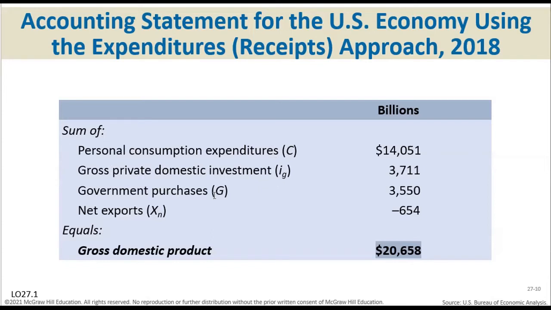You have government spending, G, and the net export, which is X sub N. And if you add it together, you will have GDP. Notice here that the net export for the US is in the credit balance due to the fact that we import more than we export. And it's true only under goods. For services, we export more than what we import.